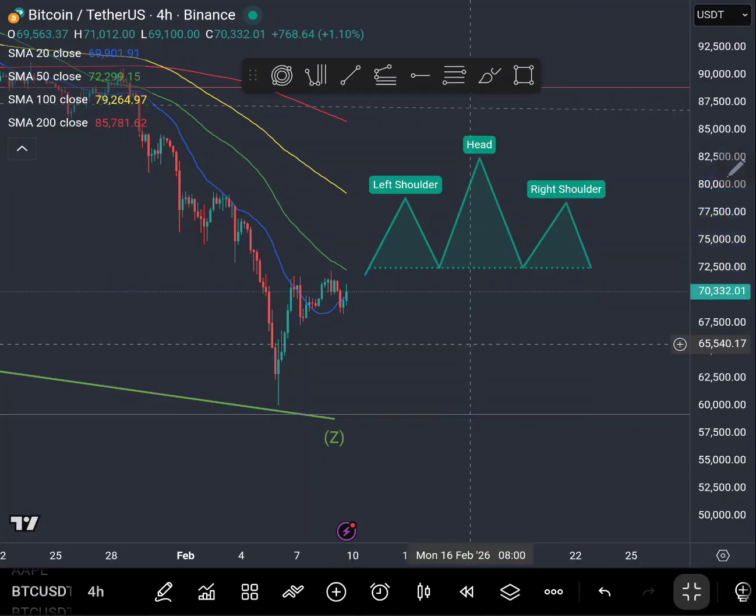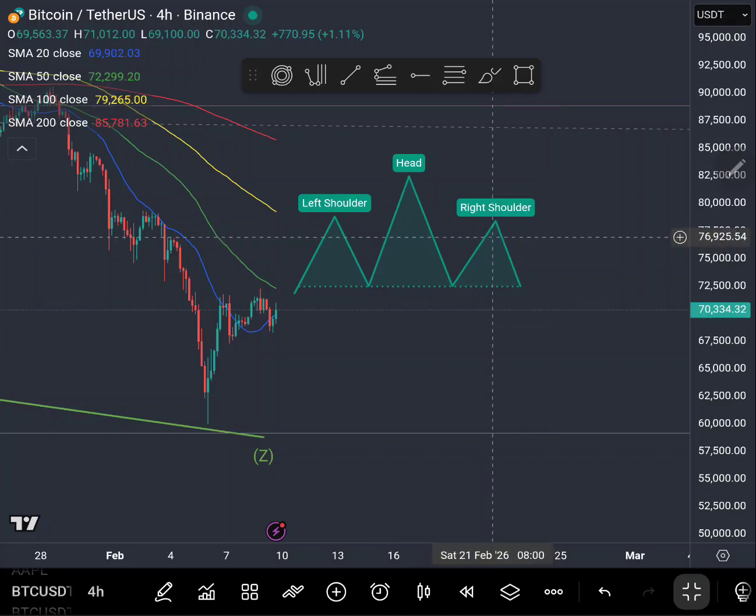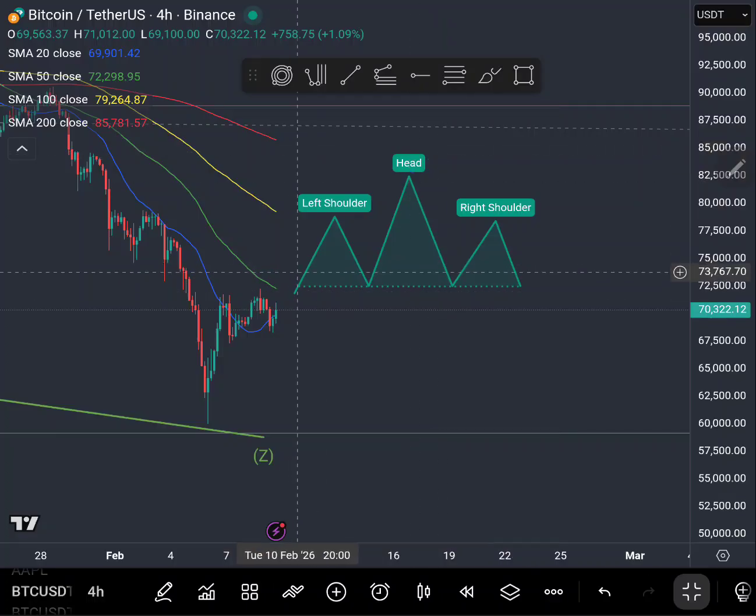So that's a head and shoulders pattern. If you don't know anything about head and shoulders patterns, go look at that. You'll often see these patterns on Bitcoin. It's a pattern that repeats a lot in Bitcoin.